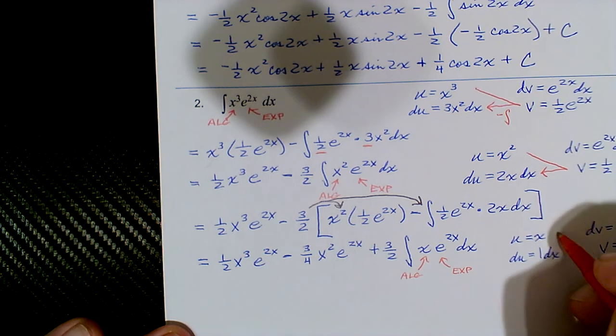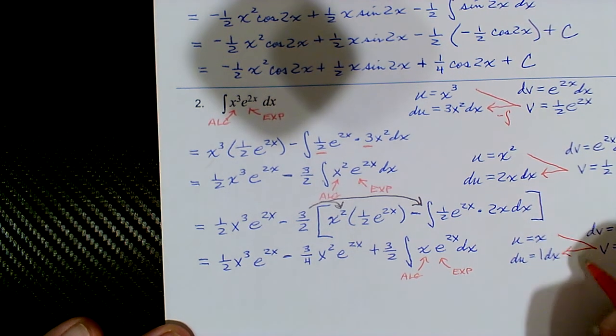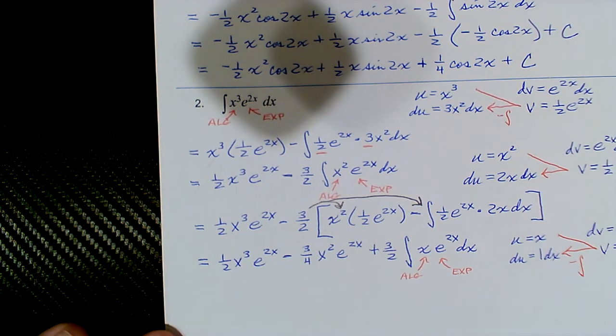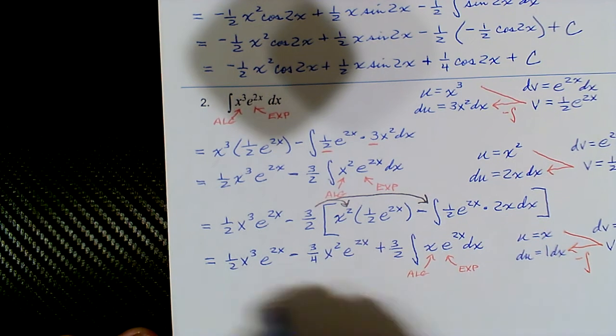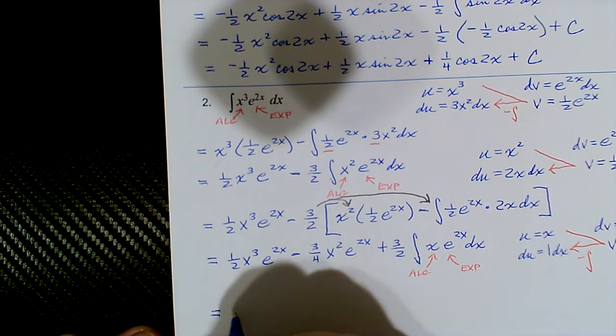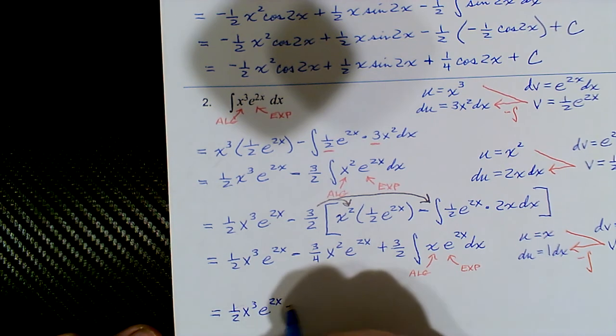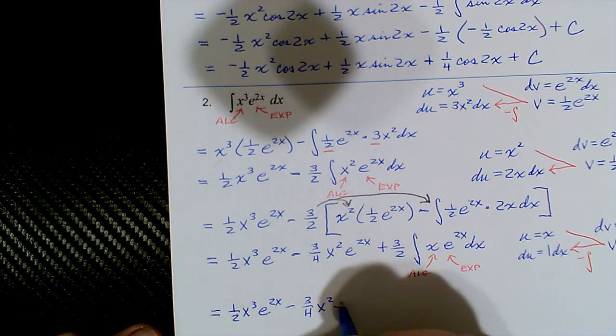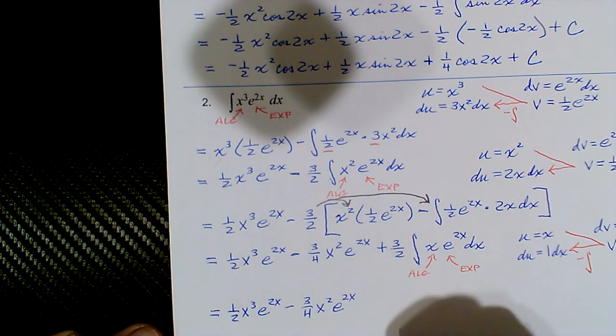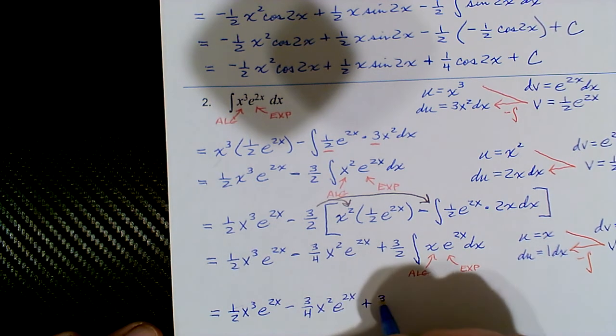And then the integration by parts formula, u times v minus the integral of v du, our little trick, gives us, okay, recopy 1/2 x cubed e to the 2x. Also recopy the negative 3/4 x squared e to the 2x. And then we have this plus 3/2.